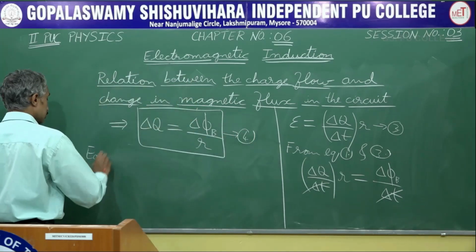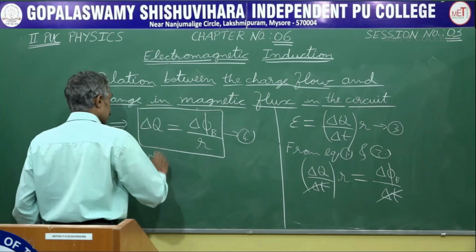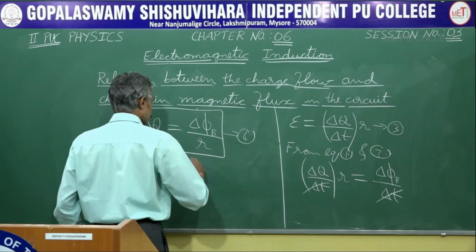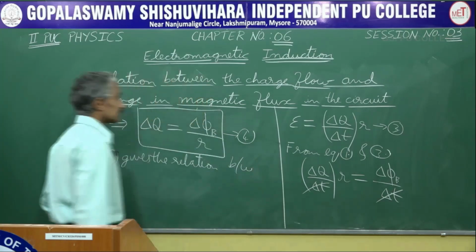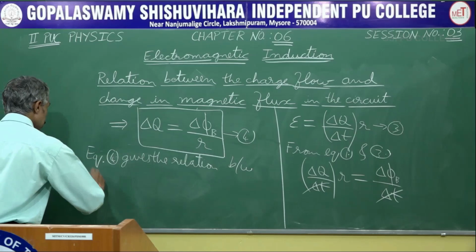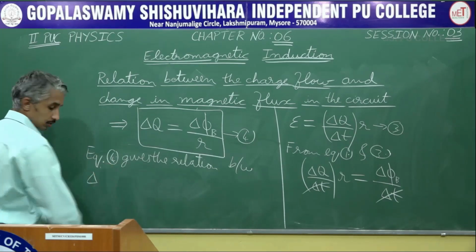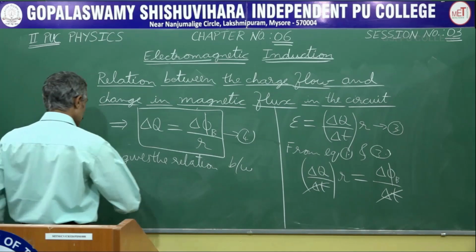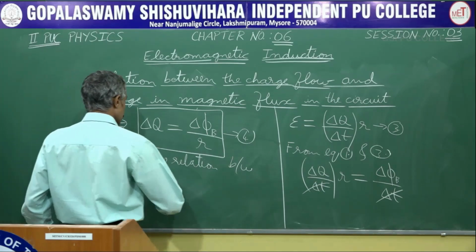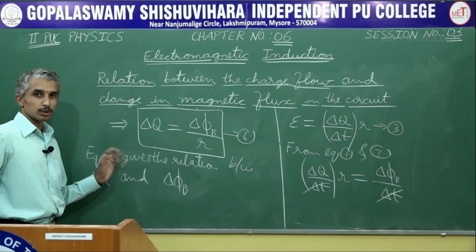So, this equation 4 gives the relation between the charge flow and the change in magnetic flux in the circuit.